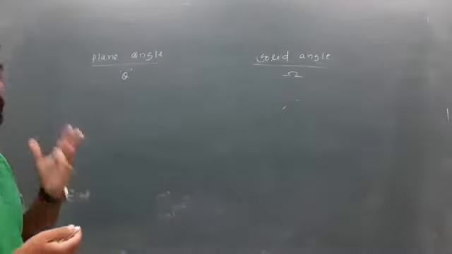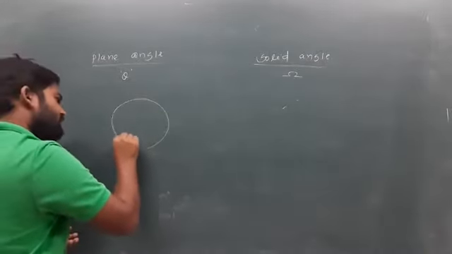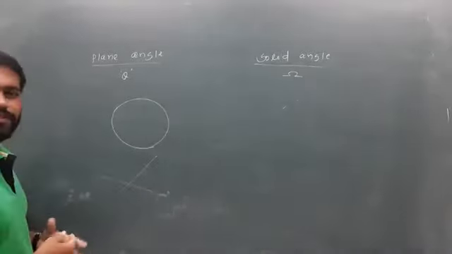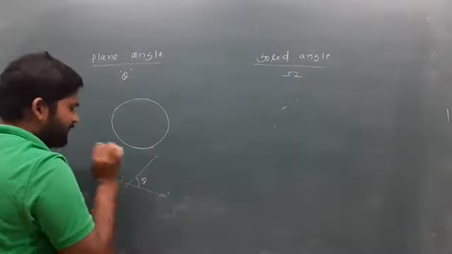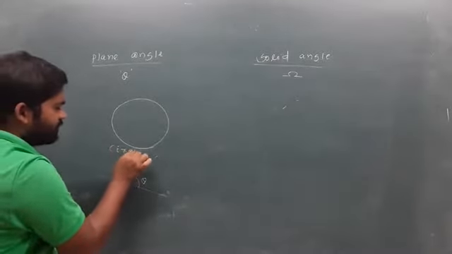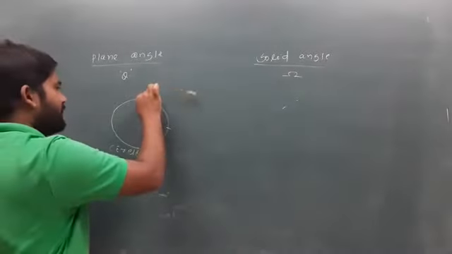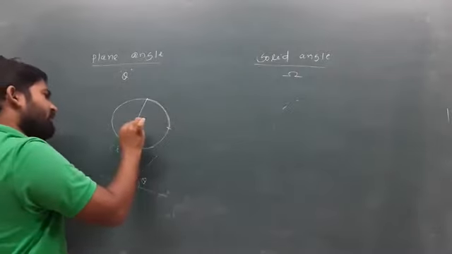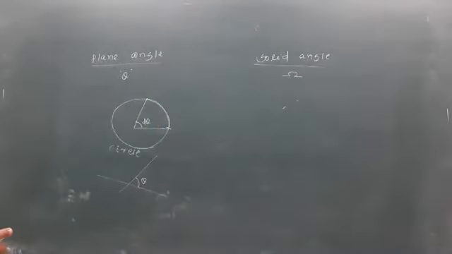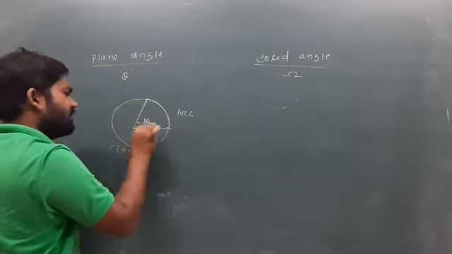Plane angle is generally made by an arc when we consider a circle. Or when we consider two lines, the intersection of two lines will create that angle, and that angle is called plane angle. Simply, when we move on the perimeter of the circle by a small arc, plane angle is the angle that the arc makes at the center of the circle.